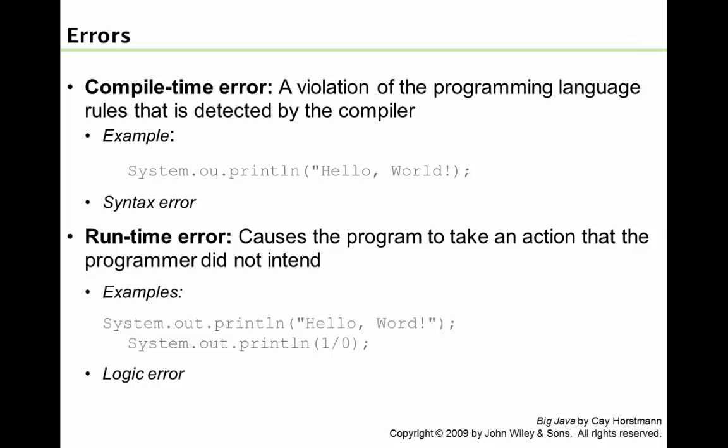Maybe the programmer didn't quite take into account all the possibilities of how this method is being run, and maybe overlooked one like dividing by 0. So you would take that back in the code, and then you'd write code that would help the user avoid dividing anything by 0.